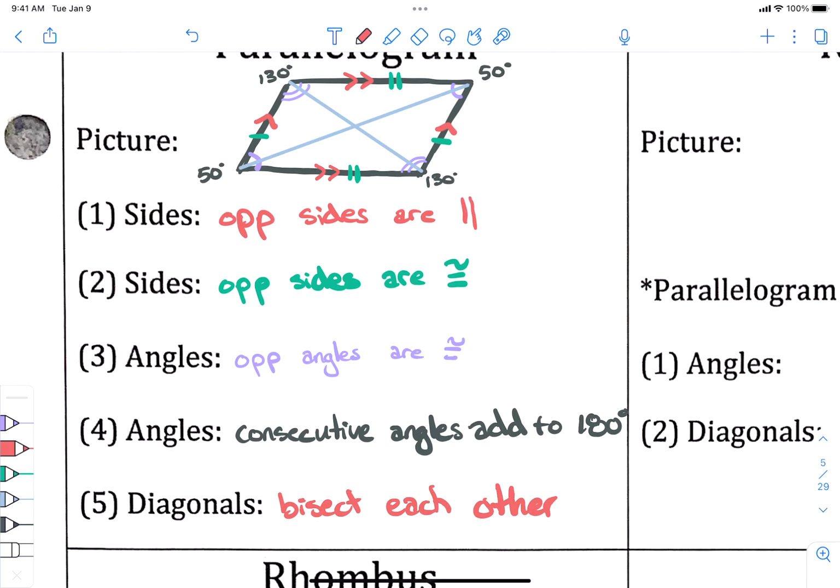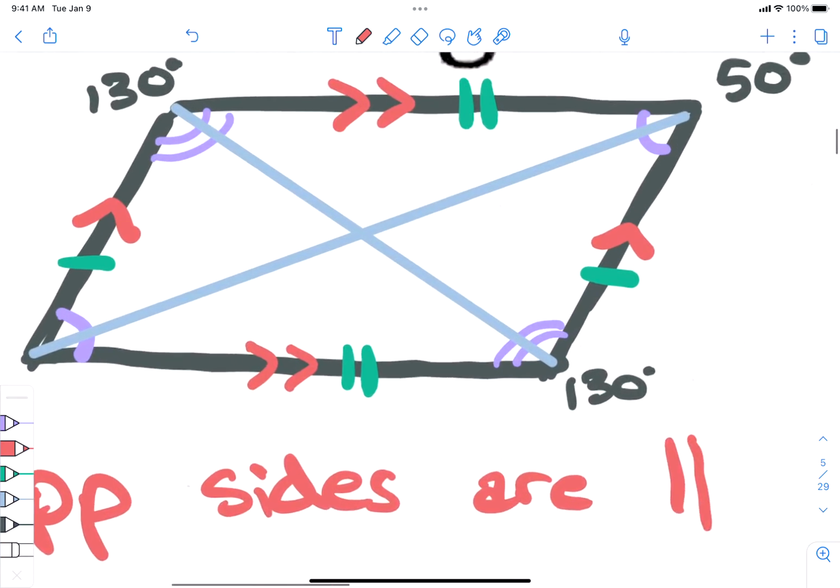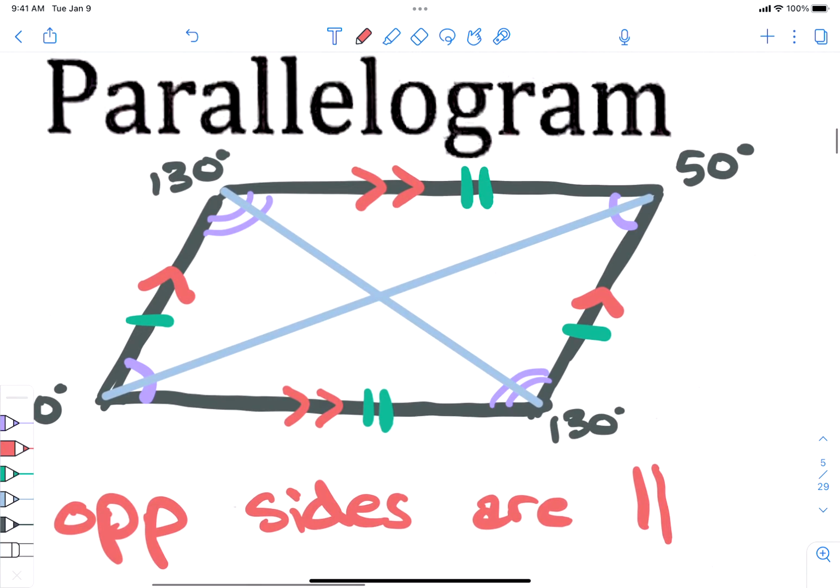Okay, so here's how I'm going to mark this diagram, and then I'm going to tell you why Luke says I'm wrong. So there's this one and this one, and there's this one and this one, and he said that's not going to work. Why is it not going to work? Like, that's correct that those are the opposite. Because the other tick marks, he said that this morning, and I'm like, technically you're right.